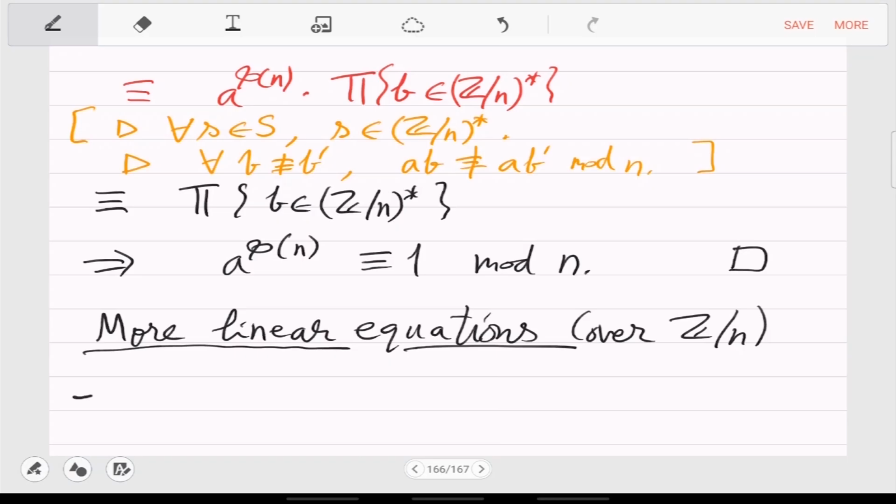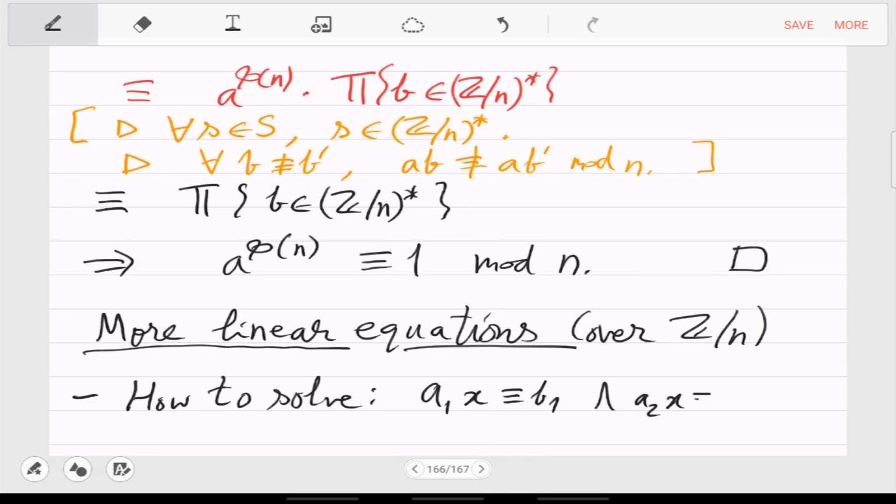So how do you solve A1x congruent to B1 and A2x congruent to B2 mod n? Both are mod n, and you want a common solution, right?